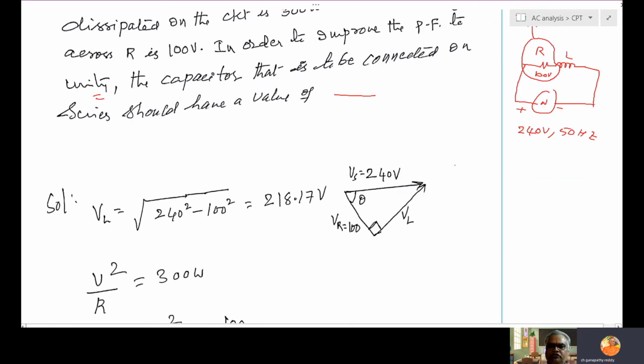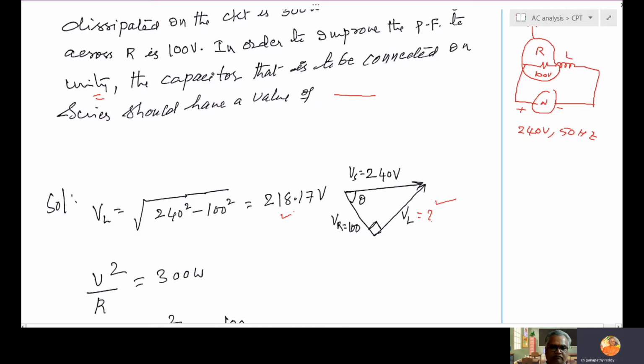So the applied voltage is 240. Voltage across the resistor is 100. You can find VL with the help of this phasor triangle. So VR is 100, VL we don't know, and the net voltage applied is 240. So VL equals root of 240 square minus 100 square.